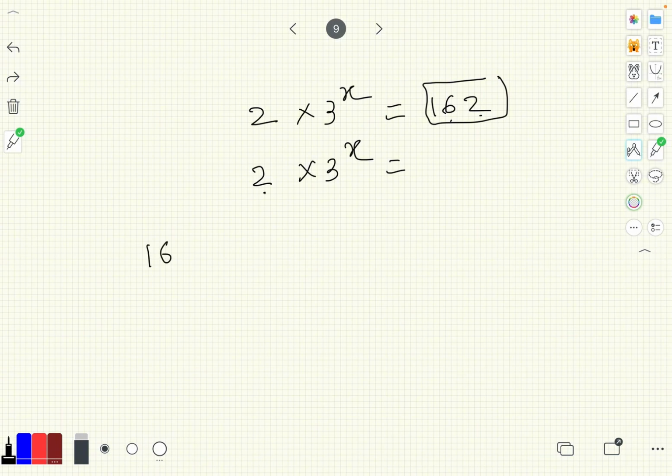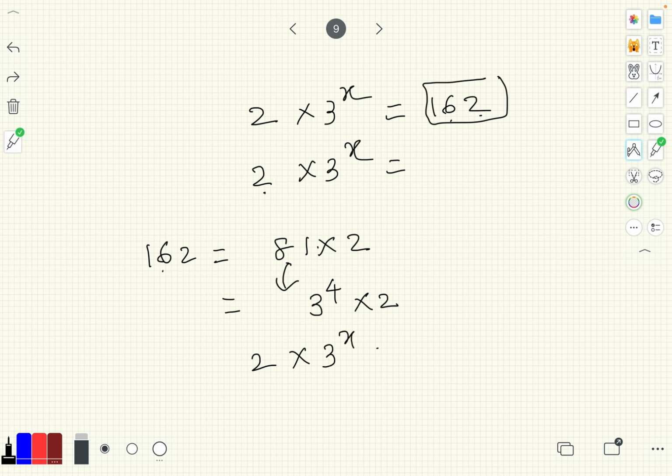Yes, you can write 162. 81 times 2 is 162. You can write 81 in the base of 3. So 3 to the 4 times 2. Now 2 times 3 to the x is equal to 3 to the 4 times 2.